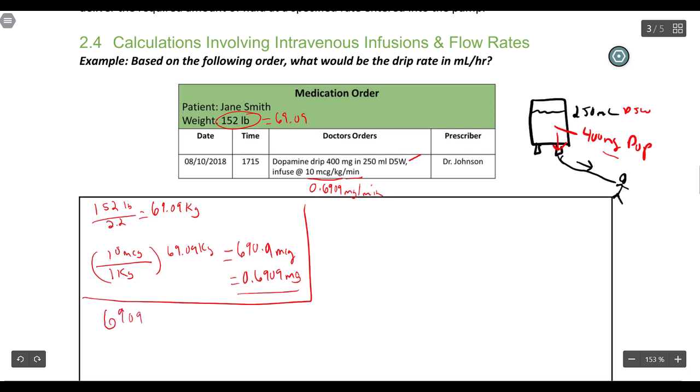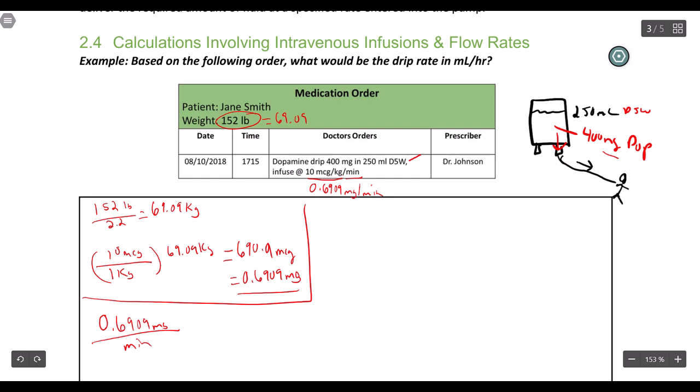Sorry, I mean it's a point. So I know that I need to give 0.6909 milligrams every minute.